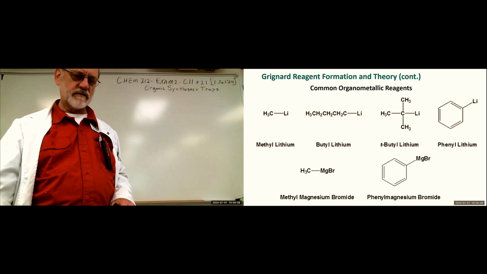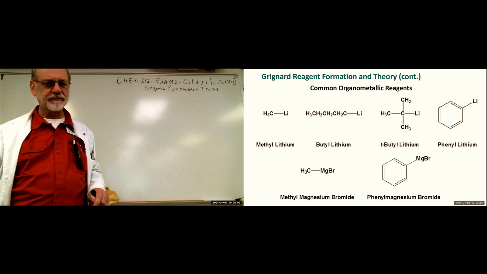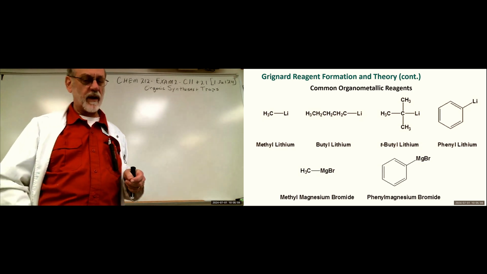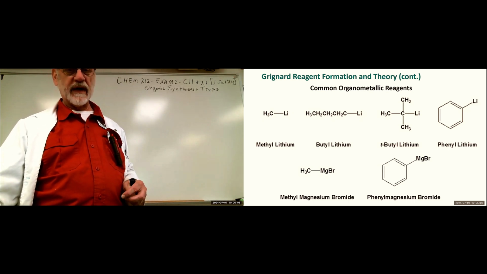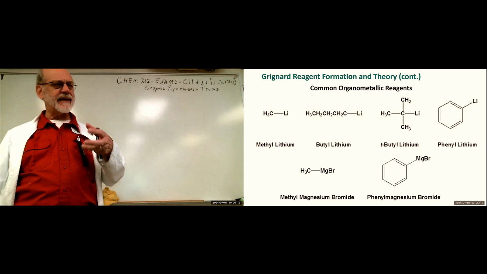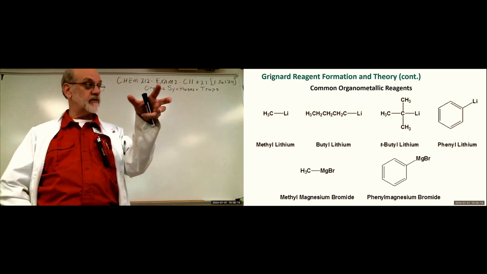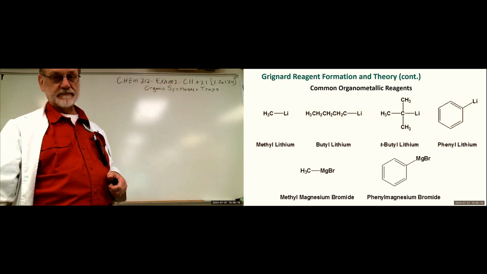The Grignards are on the bottom. You can even form Grignards with aromatic compounds, the phenyl magnesium bromide. If you want to add an aromatic group onto your skeleton, then you can use a Grignard to do it.